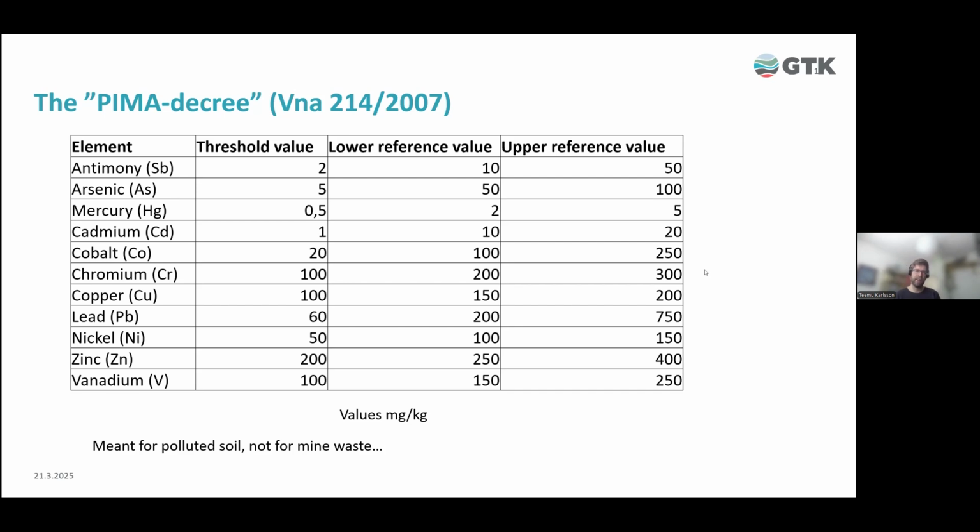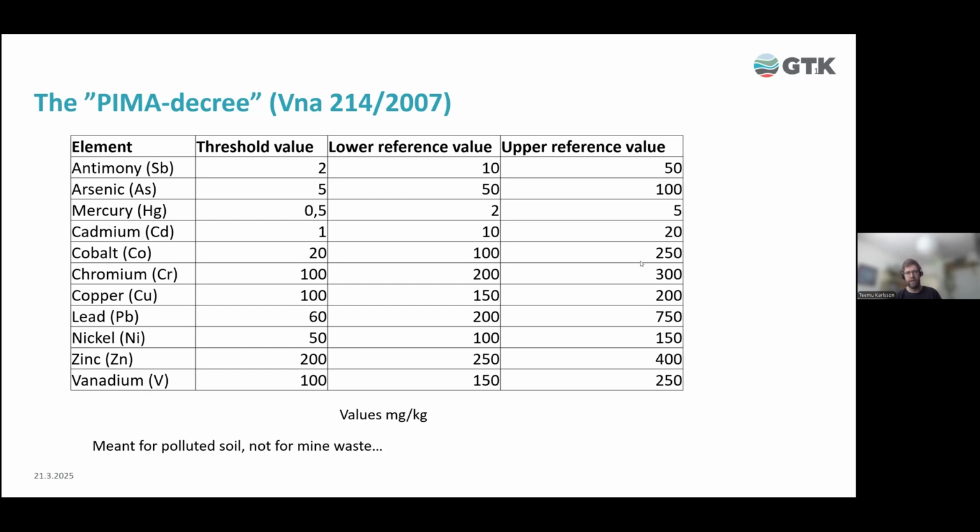We don't have any other threshold values, so we are stuck with these for now. And in general, it would be quite hard to create such a strict list of threshold values, because it's so case by case and depends on which minerals the elements are bound to.